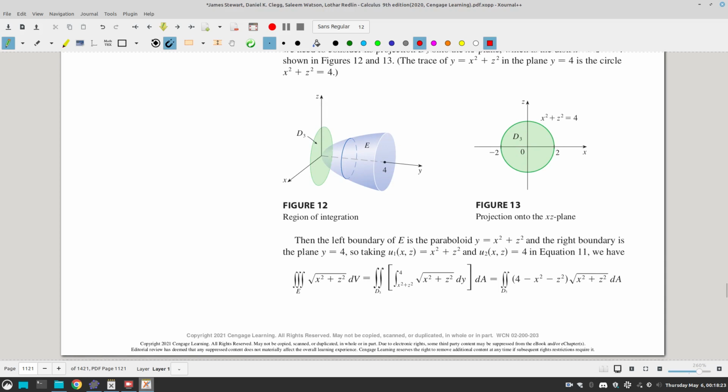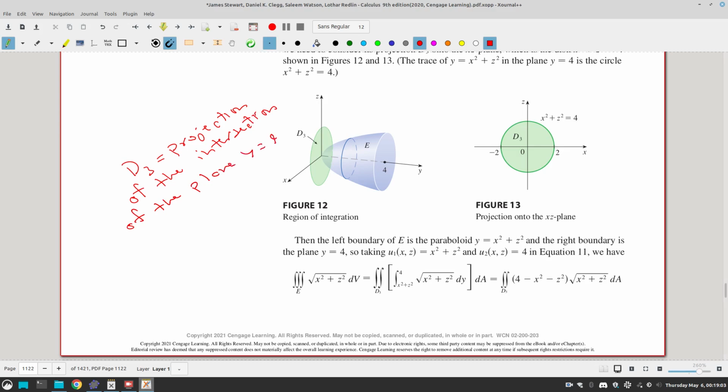The projection D is basically the intersection of the plane y is equal to 4 and the paraboloid surface.